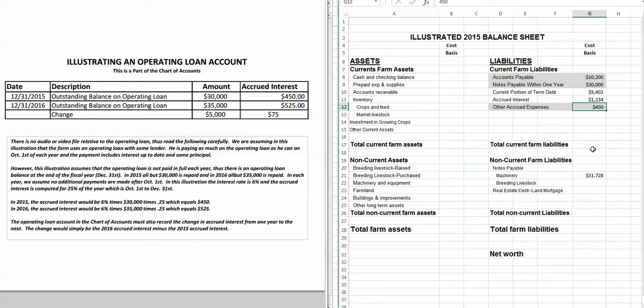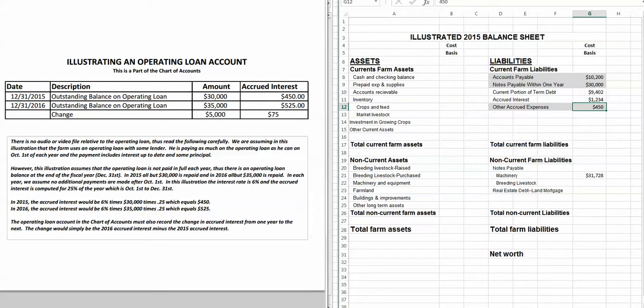Similarly, if you were to take out an insurance policy and pay it once a year on farm machinery, well, every time you pay that insurance policy, the next year's payment begins to accrue the next day. So if you paid your insurance in, say, April, when you got to the end of the year, from April until December of next year's insurance policy would be accrued. It would go right here.